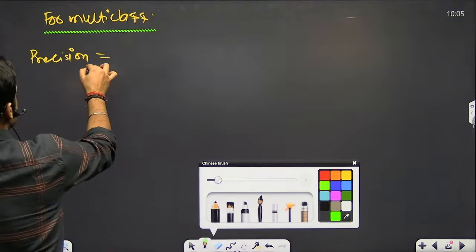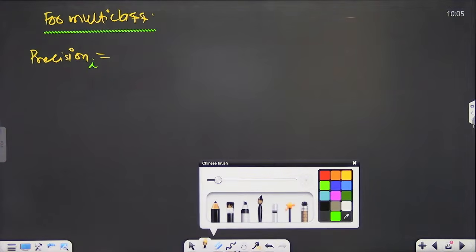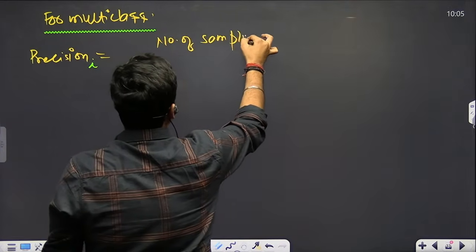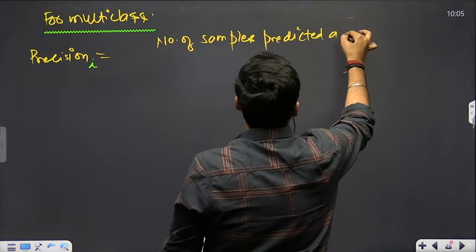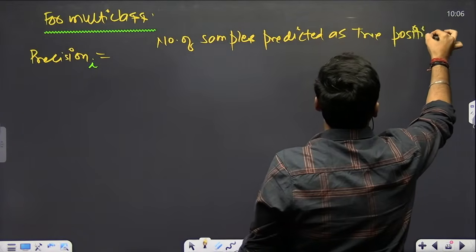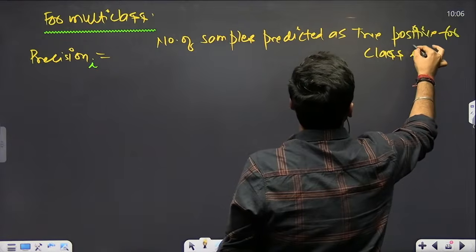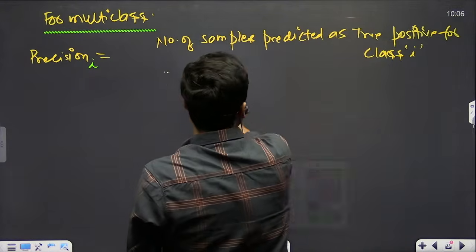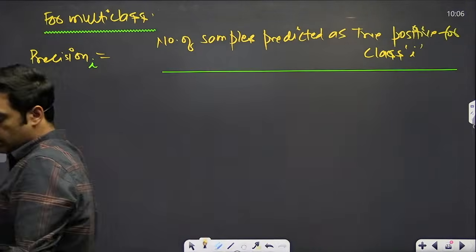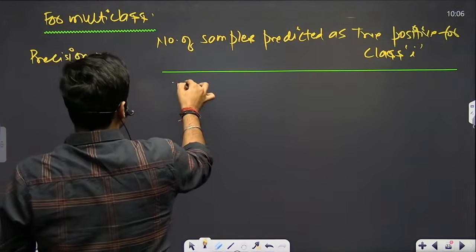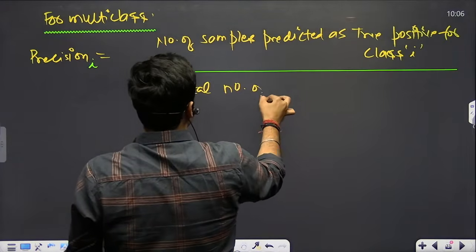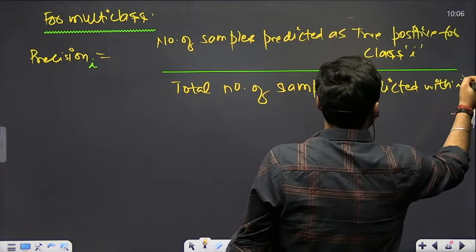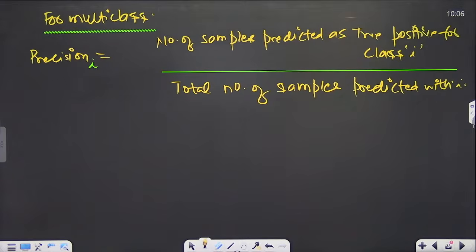So for 3 or for any number of classes, precision for class I would be defined as the number of samples predicted as true positives for class I, divided by the total number of samples predicted with I. So this is precision for class I.